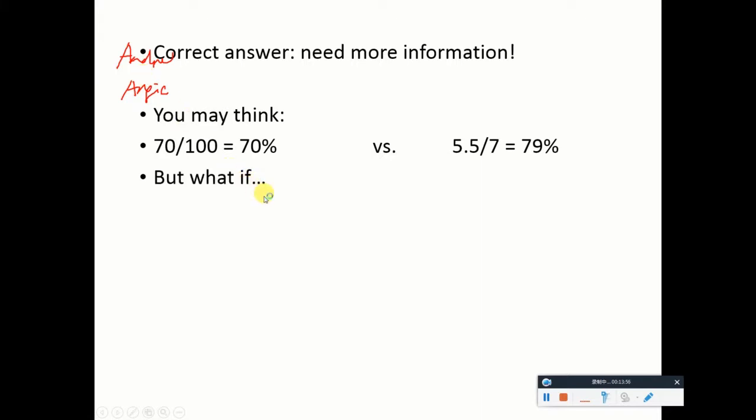But let's imagine that Andrew actually comes out from a class whose score distribution is like this. We have talked about this distribution, right? We say this is a right skewed distribution, meaning it has a longer tail to the right and more scores are at the lower end of the continuum, right?